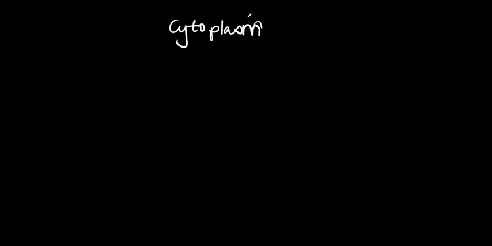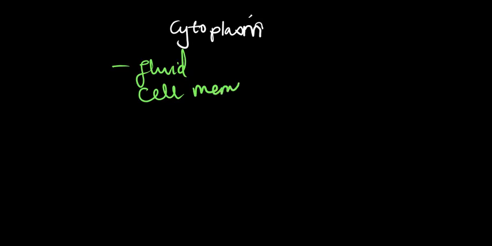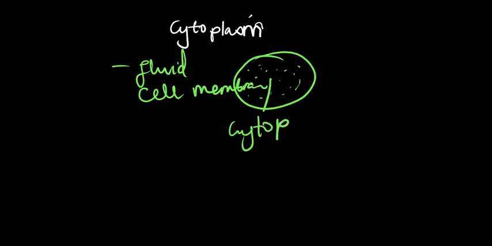It's enclosed by the cell membrane. For instance, this is your bacteria. The fluid that's found in here is what we are calling the cytoplasm, and it's bounded by this cell membrane right here.